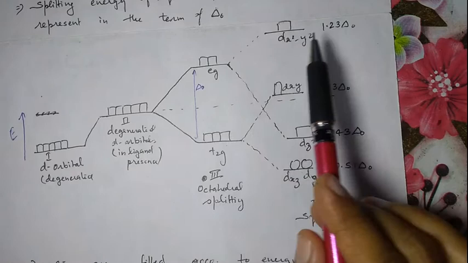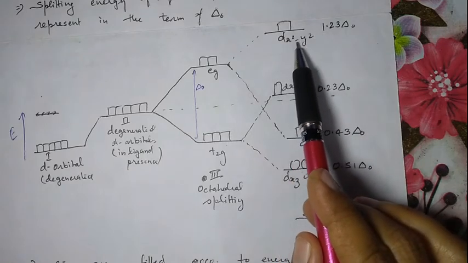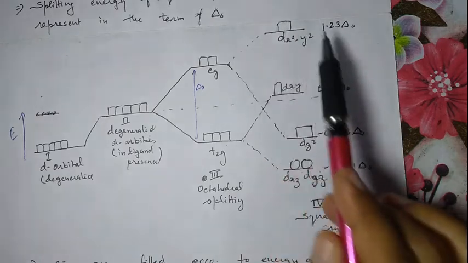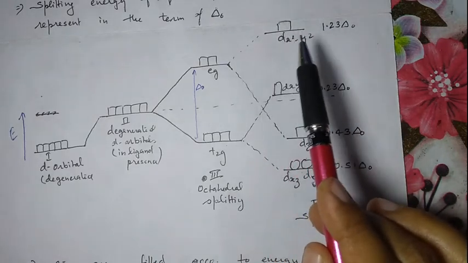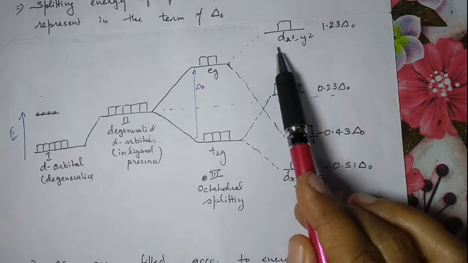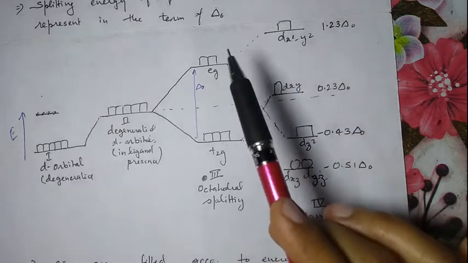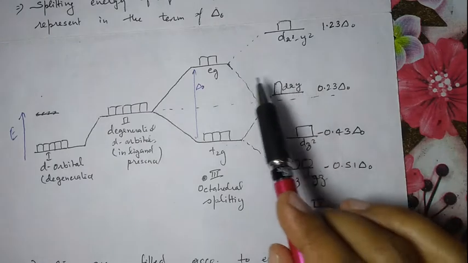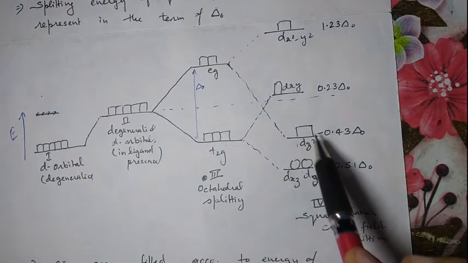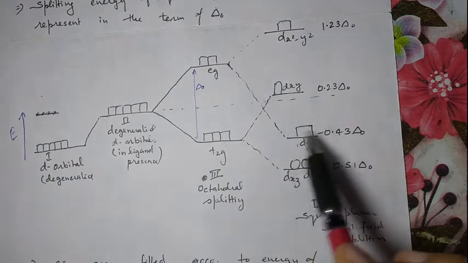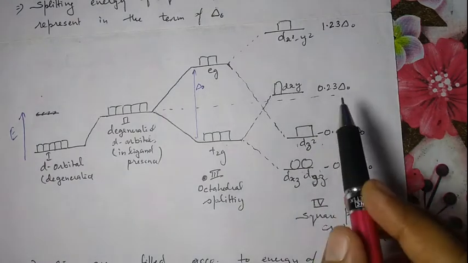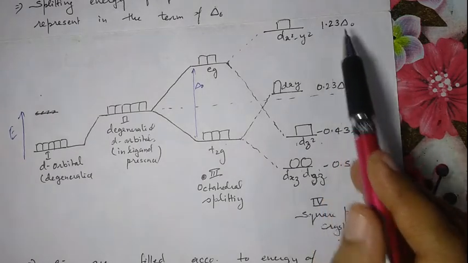In this case dx square minus y square orbital will go to the highest position, because these ligands are present on the x-axis and y-axis, and the lobes of x square and y square are present on the axis. The z square goes to a lower level because it has no component of x or y. This is the representation.